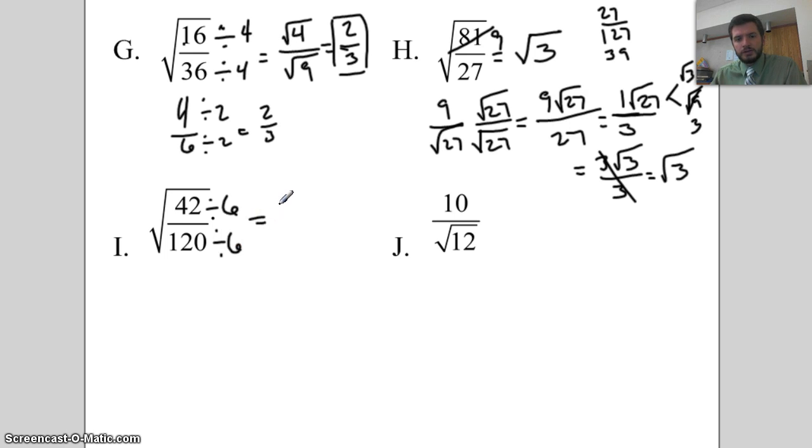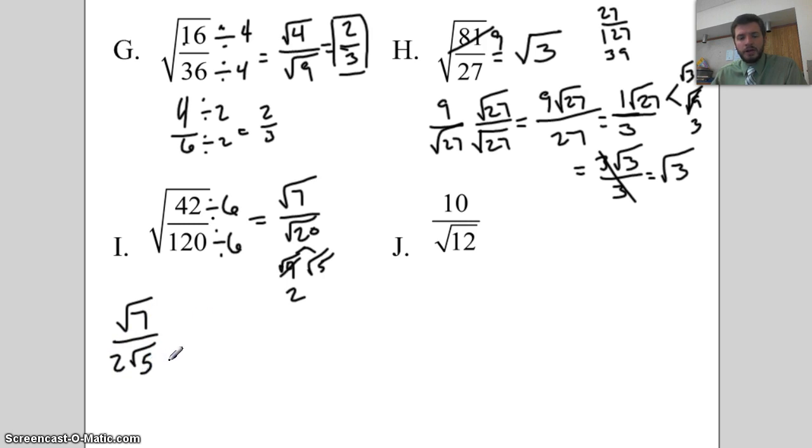So this will be the square root of 7 over the square root of 20. I'm going to go ahead and break this down to save us some time. So this is the square root of 4 and square root of 5. And square root of 4 is 2. So I can rewrite it as the square root of 7 over 2 square root of 5.